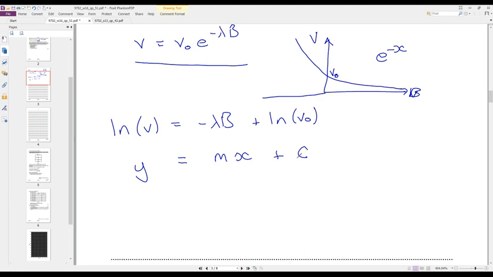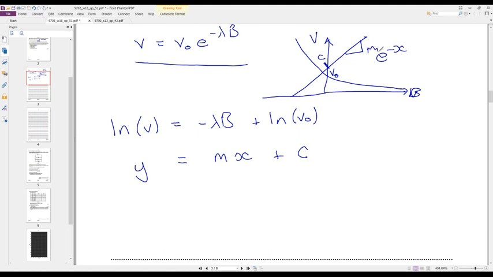M is the gradient and c is the y-intercept. So if we have a straight line like this, that is going to be c, and the gradient is going to give us m.